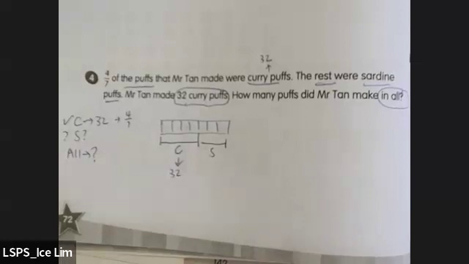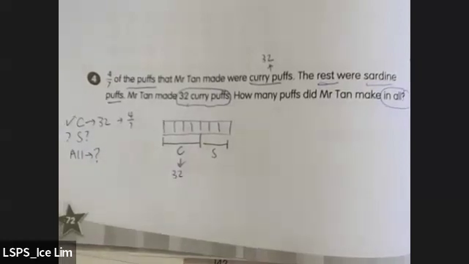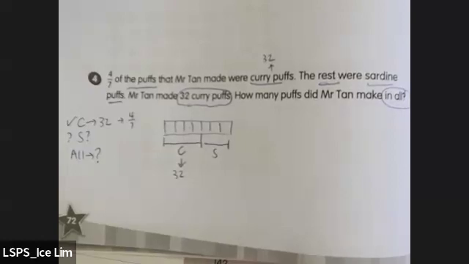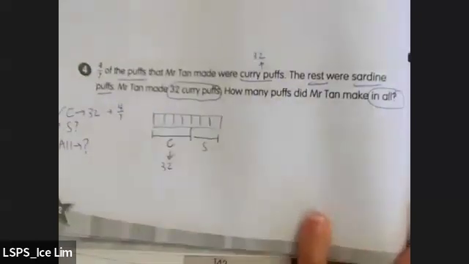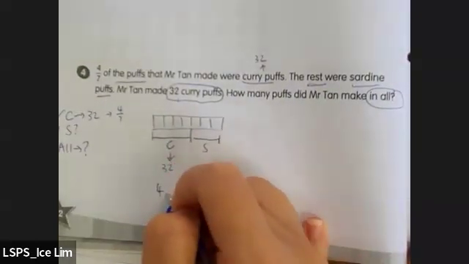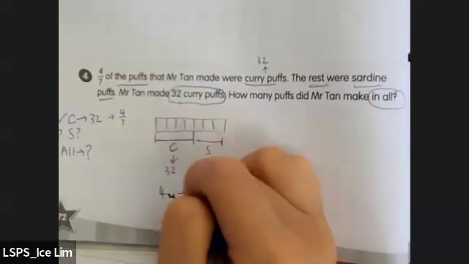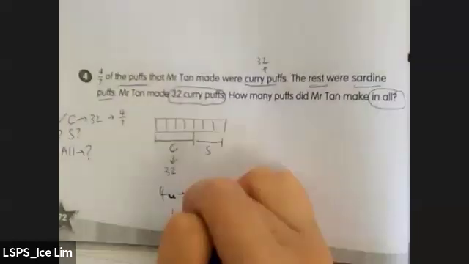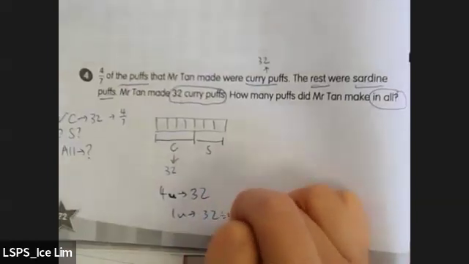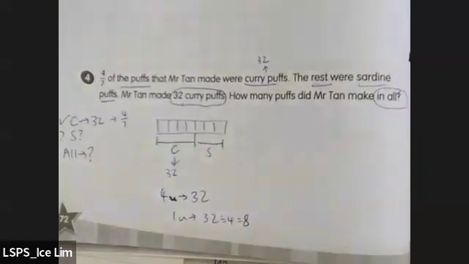If you can get the same answer, it really depends on your understanding. If you understand it differently, you will do it differently. So the curry is actually 4 units. 4 units is 32 puffs. So 1 unit is 32 divided by 4, that's 8 puffs.